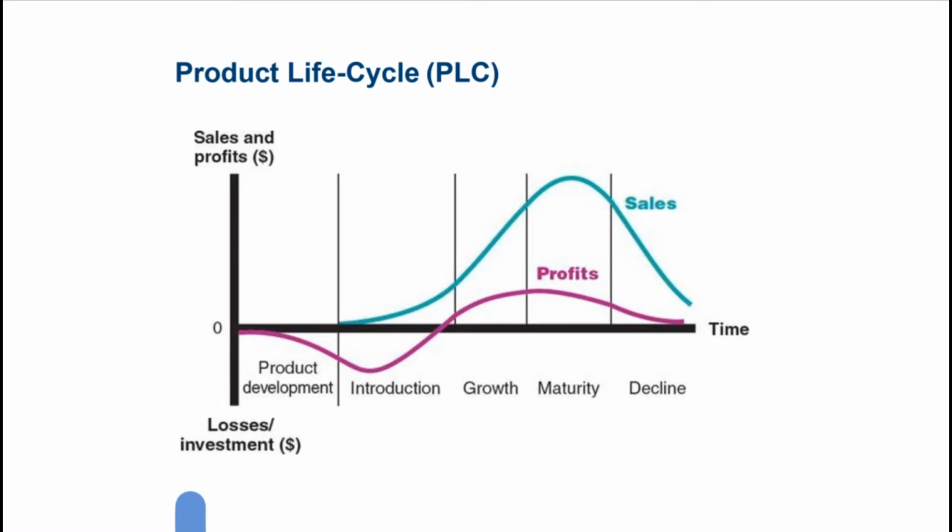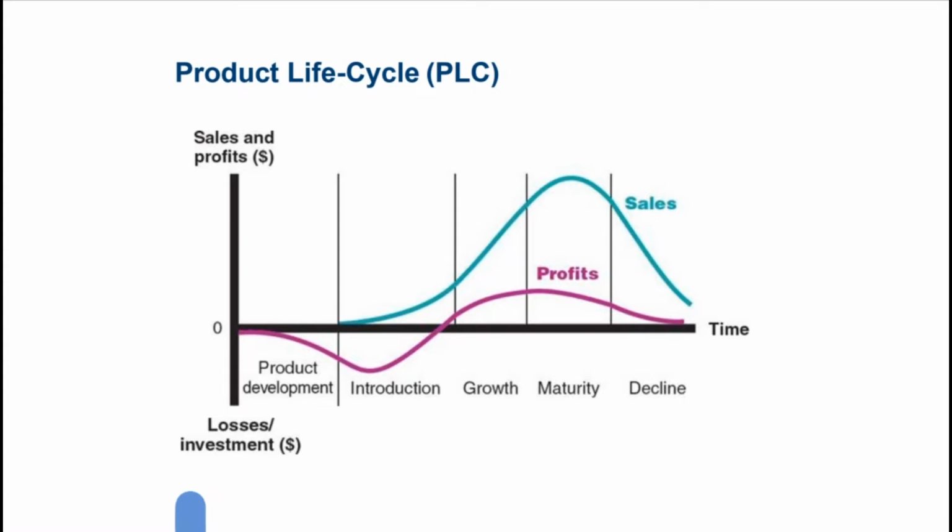a lot of expenses. In the introduction stage, our expenses increase as we invest in marketing and advertisement, and we have other expenses related to promotion in the market. But our sales start to appear and begin to increase slowly.